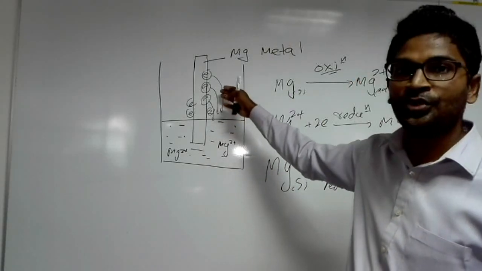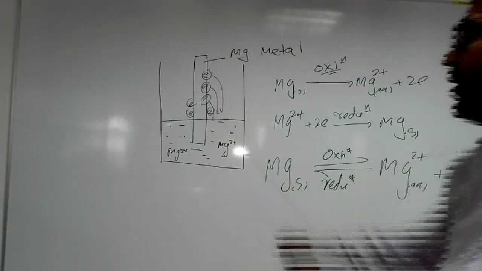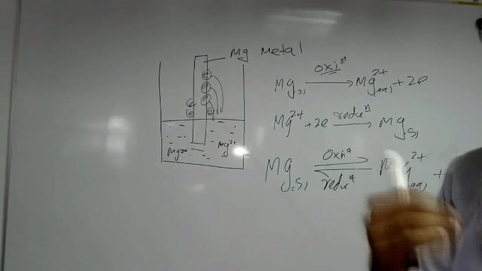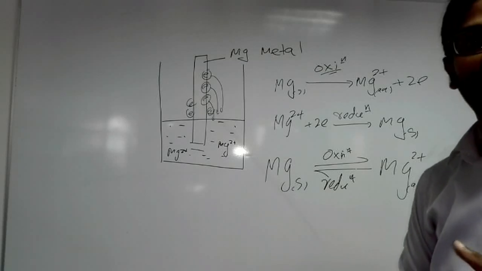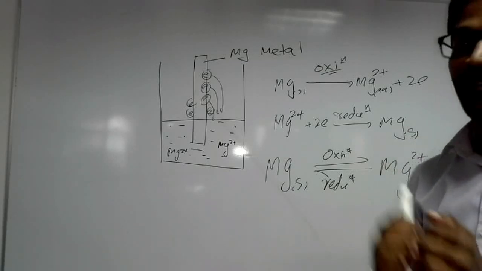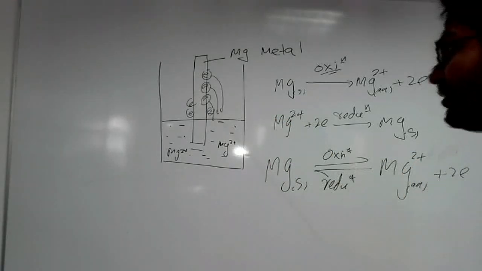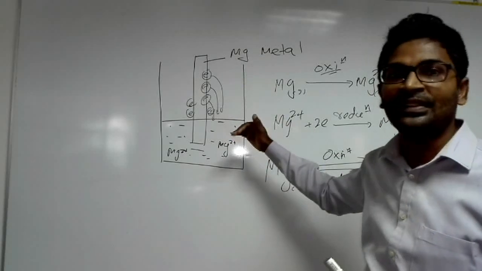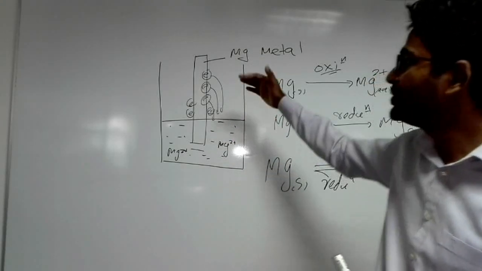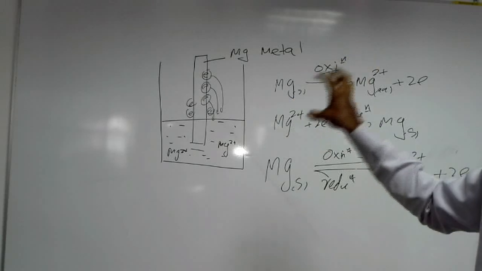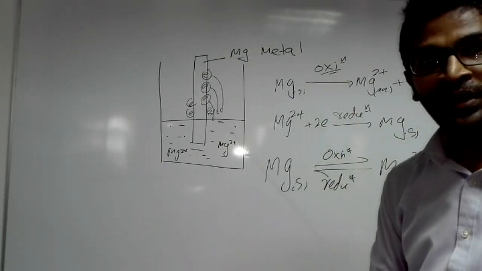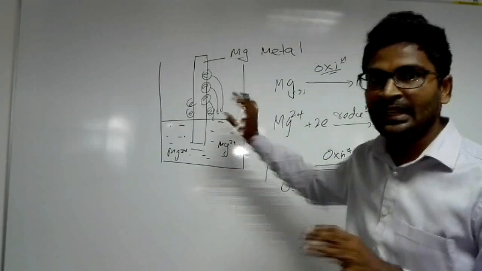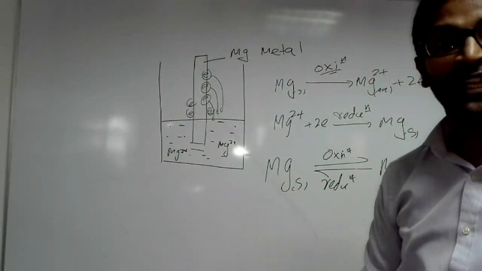If there is a possibility of electrons moving from this metal to the solution side of the magnesium 2 plus ion, there should be some electrode potential, a voltage difference, to move the electrons. So this metal ion and solution system can act as an electrode potential.